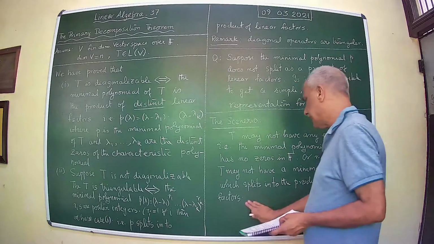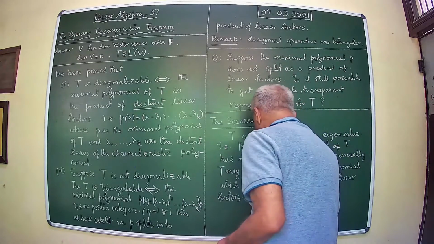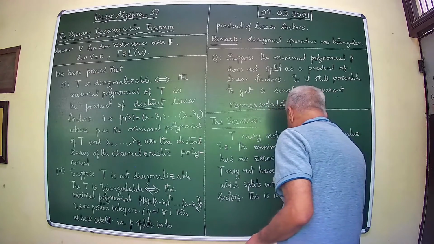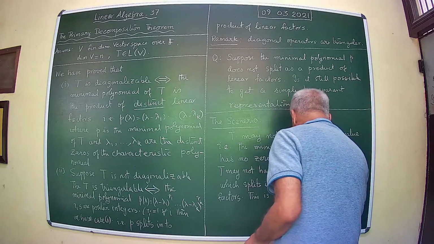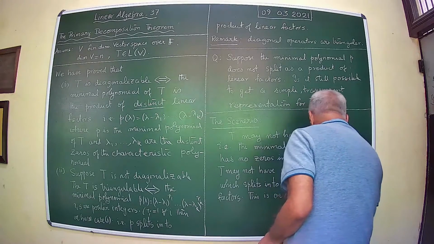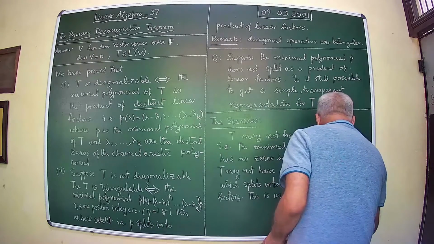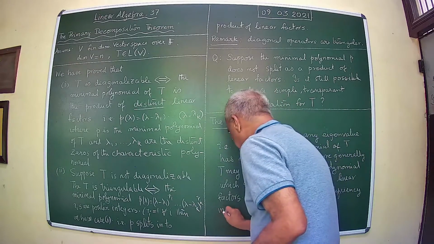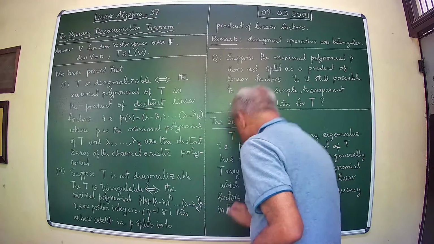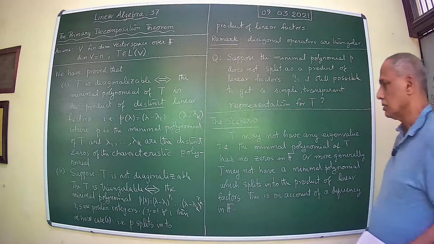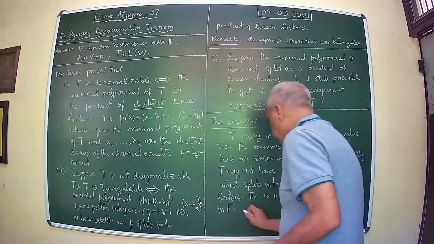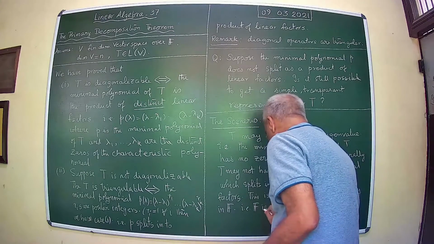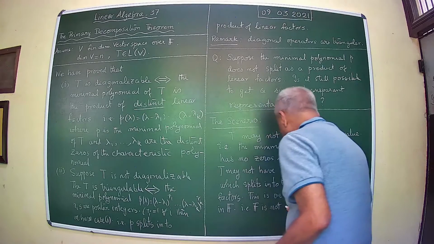So you see, this is in general on account of a deficiency in F. That is, F is not algebraically closed.